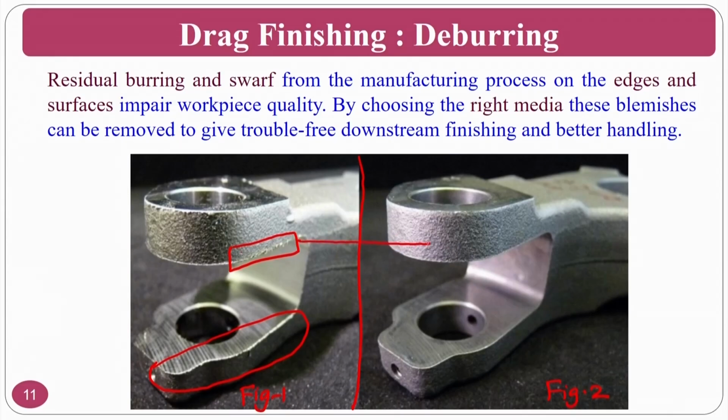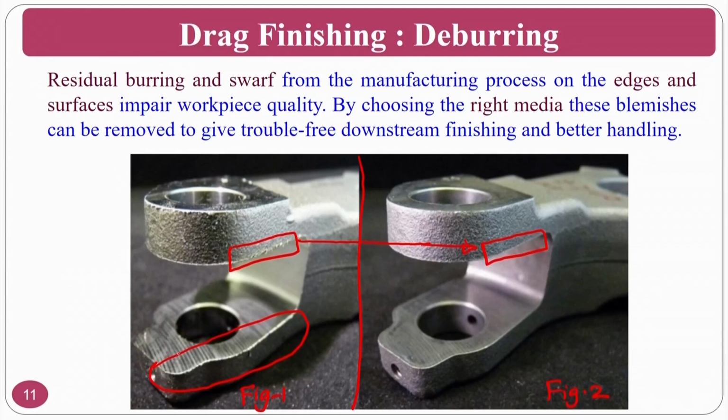Okay. So, if you see the surface, it is properly finished, and this is the beauty of the drag finishing process. All these burrs are finished using the drag finishing process.